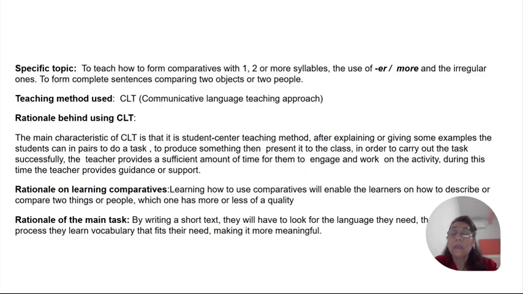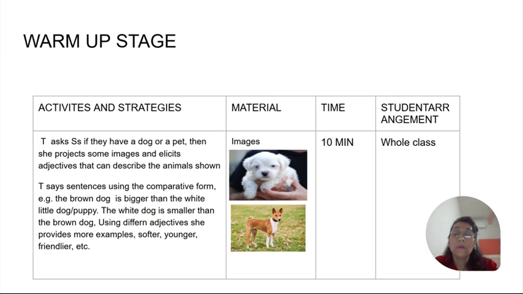Then here are some justifications on the rationale, what I have to do, and the method that I chose to use. So this lesson is based on comparatives, only comparatives, because we shouldn't mix up comparatives and superlatives.